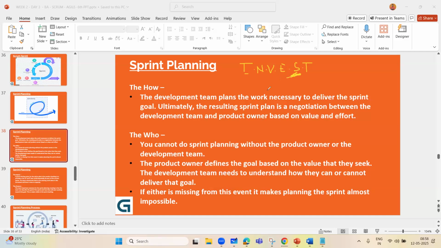With me so far, everyone? And if you identify any user story is not small enough, what should you be doing? Ideally, if your user story is not small enough and it is time consuming, what can you do in that case?